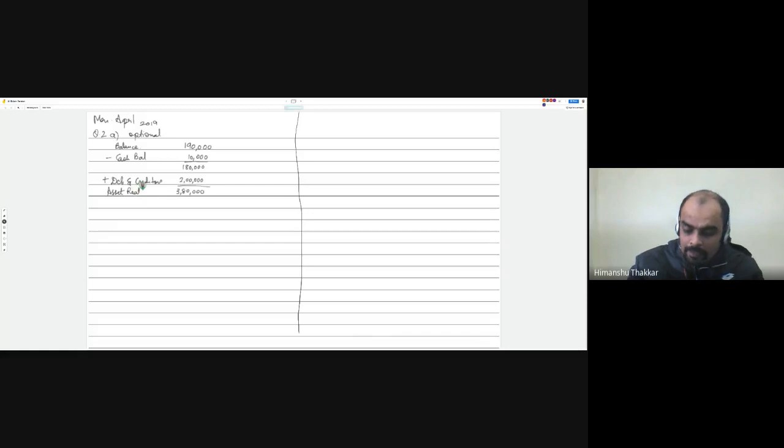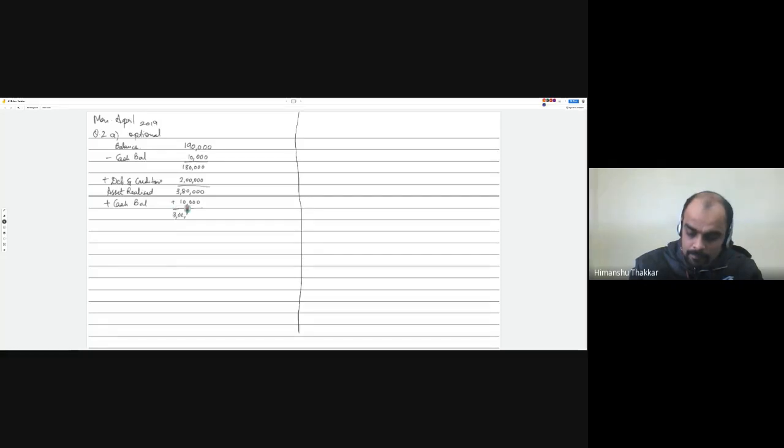So assets realized plus the cash balance will tell you cash on hand, the total amount of cash that you have. So the opening cash balance, first we deducted to find out assets realized, now we again add back, so we can know how much money we have in our hand.